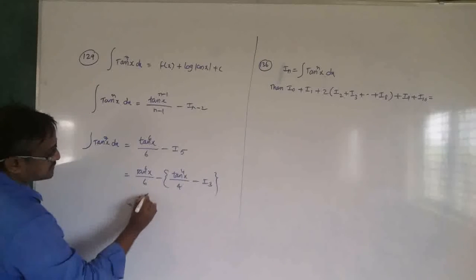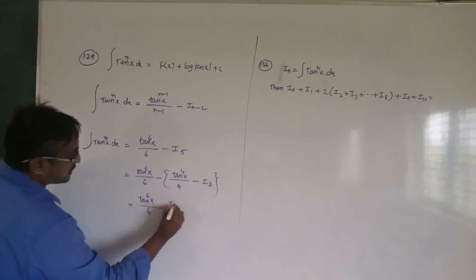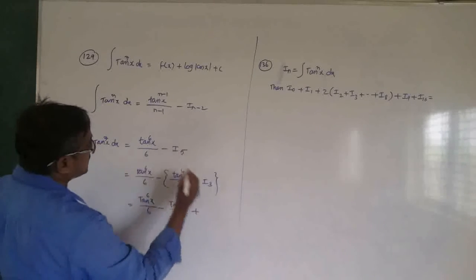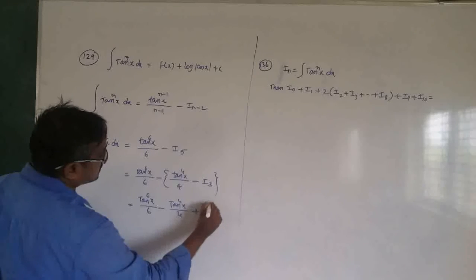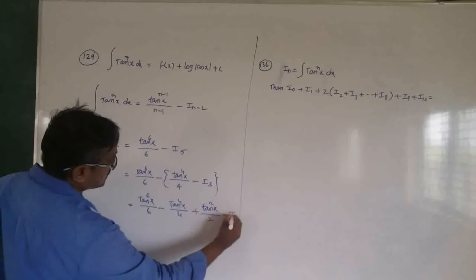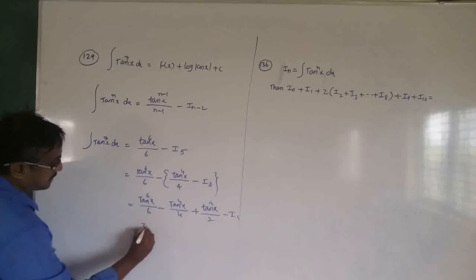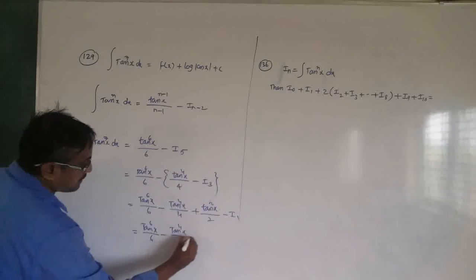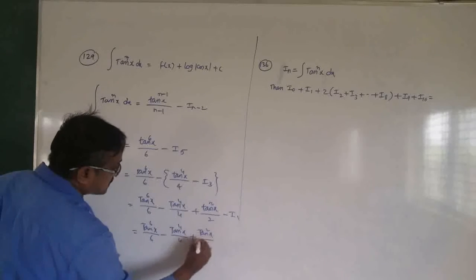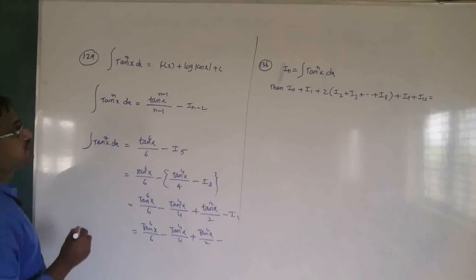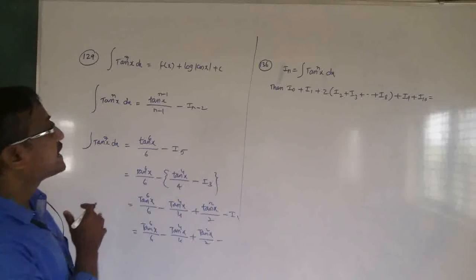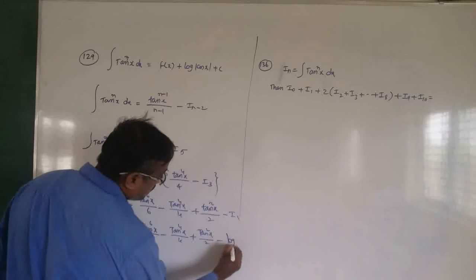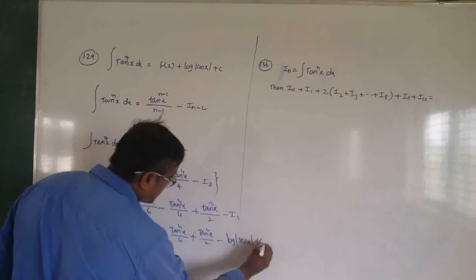So tan power 6x by 6 minus tan power 4x by 4 plus I3 is tan square x by 2 minus I1. So tan power 6x by 6 minus tan power 4x by 4 plus tan square x by 2 minus, what is I1? Integral tan x. Integral tan x is log mod secant x. So log mod secant x plus c.